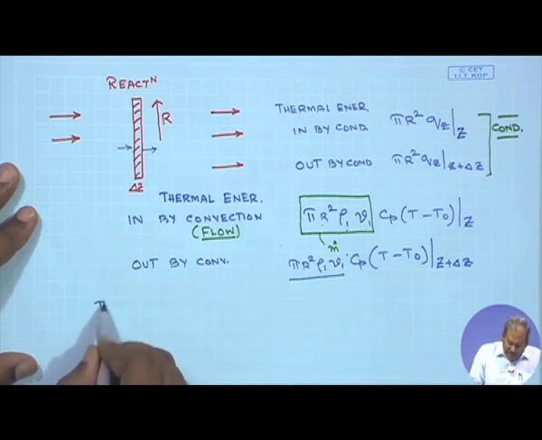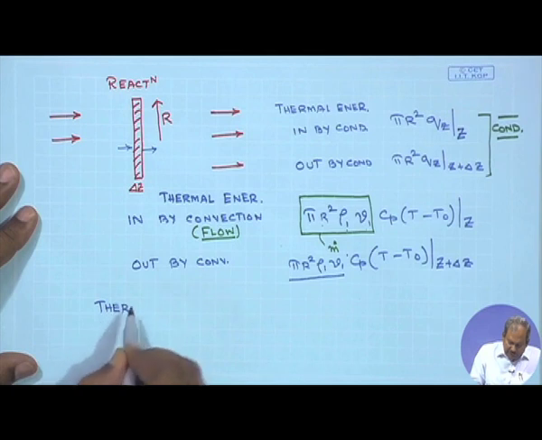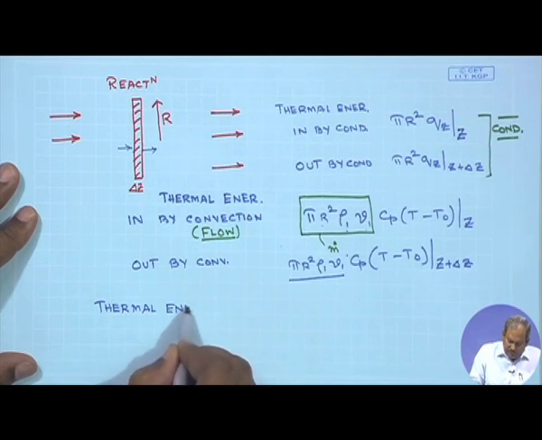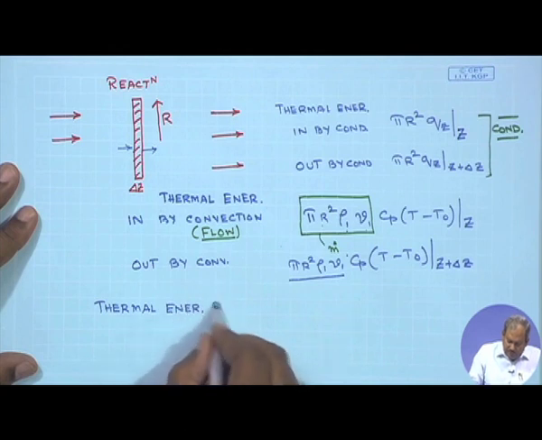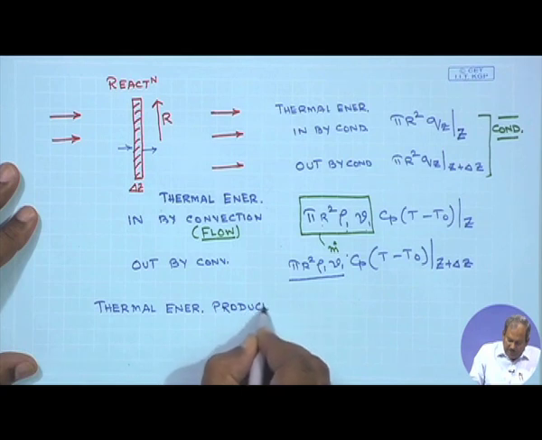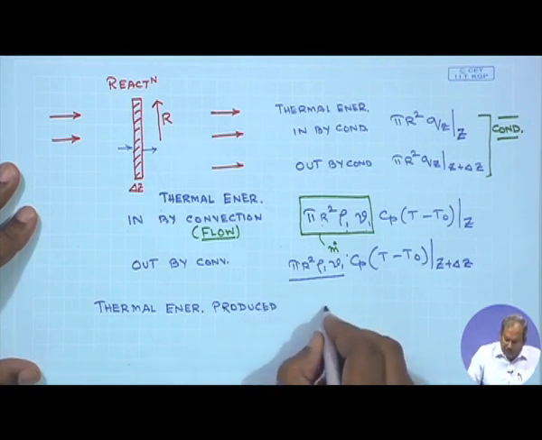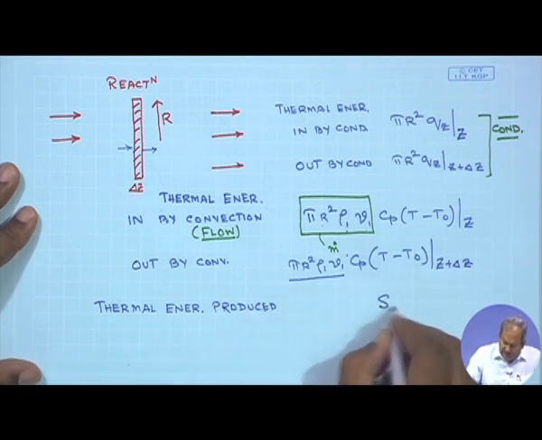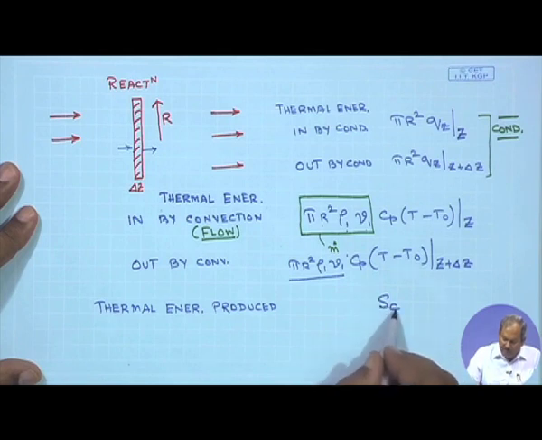And the thermal energy produced due to the reaction would simply be, since Sc is the volumetric generation of heat, so this is heat generated per unit volume.